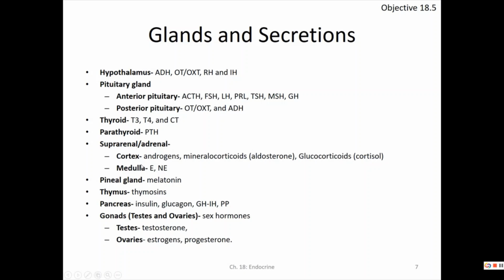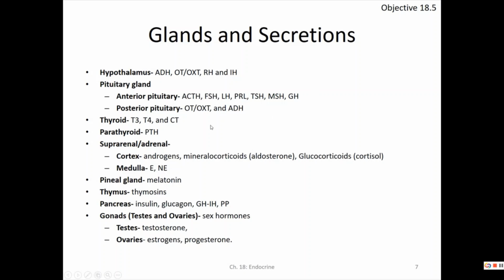Now, suprarenal gland or adrenal gland. The suprarenal gland has a cortex and a medulla to it. Now, the cortex, think about this as adrenal cortex. Adrenal cortex is a name you might call this. Adrenal cortex, AC. All the hormones here start with an A or a C. Androgens, aldosterone, and cortisol. Androgens, aldosterone, cortisol.